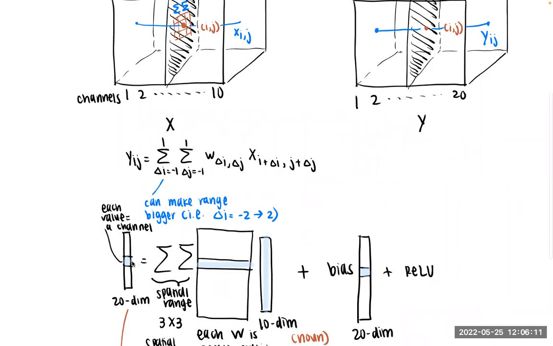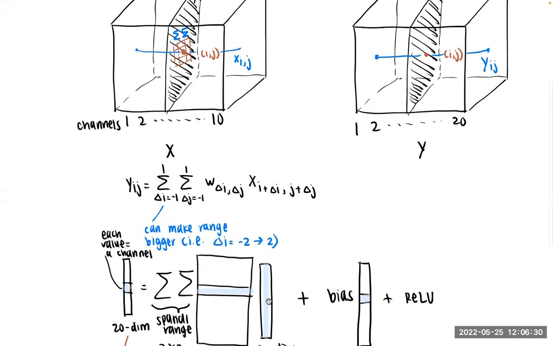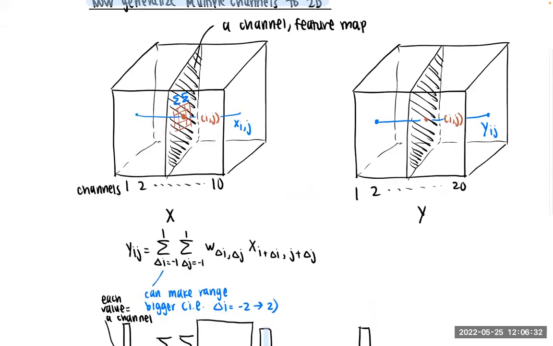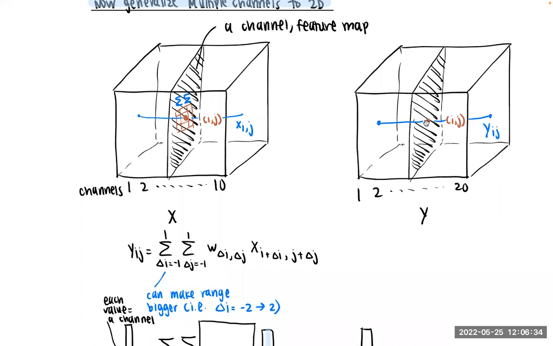And then if you look at each feature, for example, the value here, it is actually computed again by a spatial composition, which is this row vector in this weight matrix multiplied by this vector. And then you add them up. So each value here is again a linear combination of the 9 vectors here.